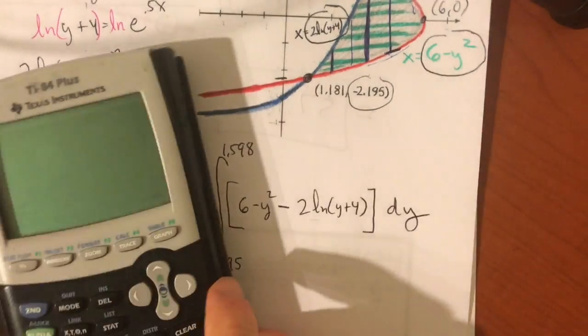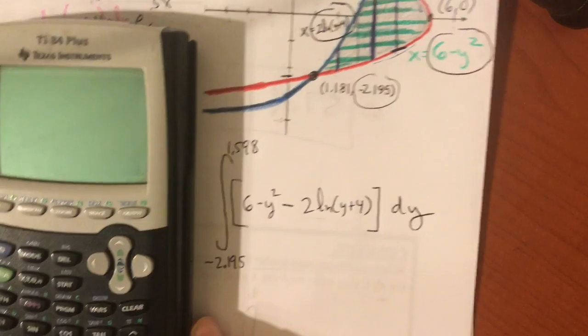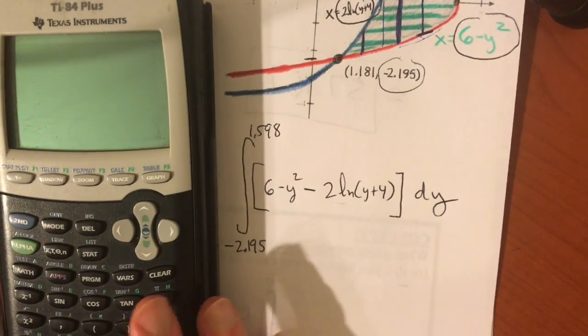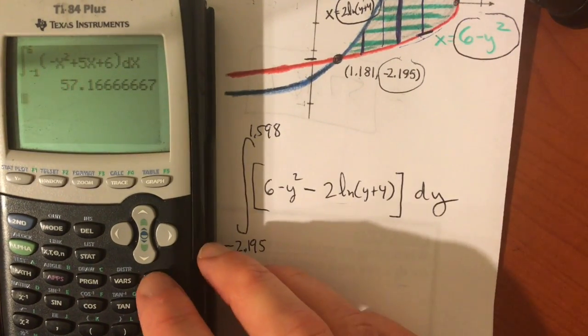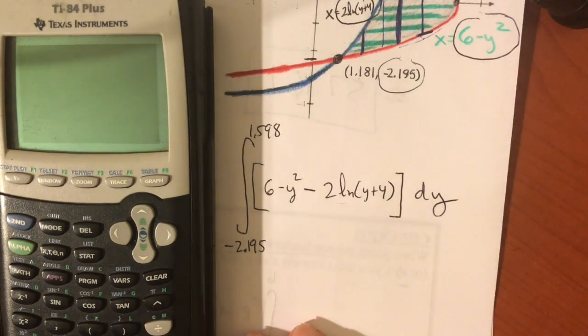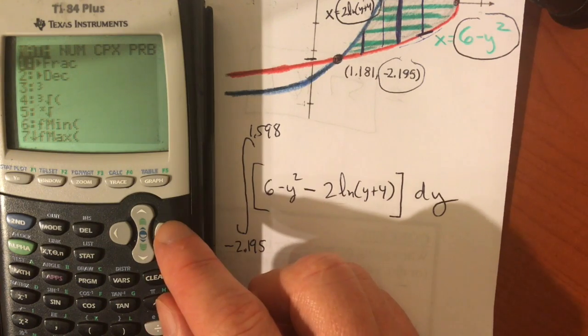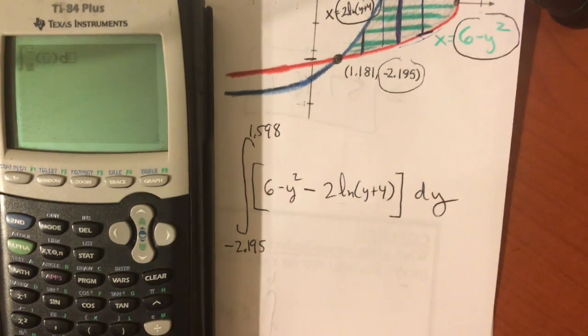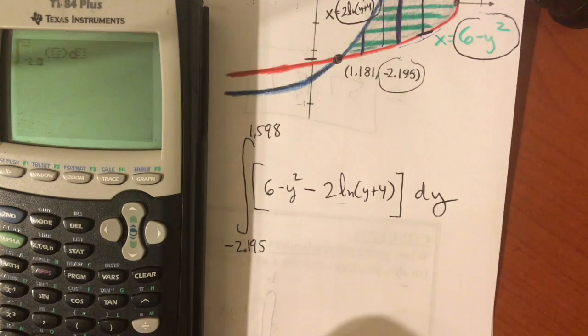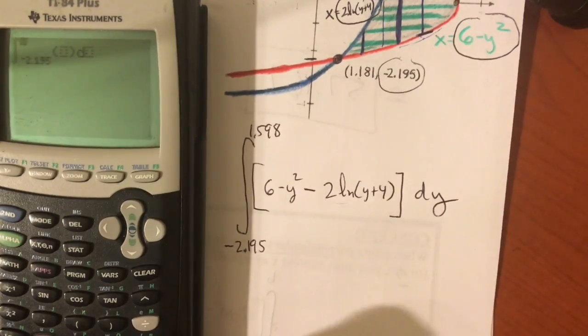So I'm going to put this in the old TI. I definitely don't feel like doing that one by hand. Lots of luck integrating ln if you haven't taken BC Calc and learned integration by parts. Someday, we were going to do it maybe after the AP, but now we're learning this. Okay, so negative 2.195 all the way to 1.598.